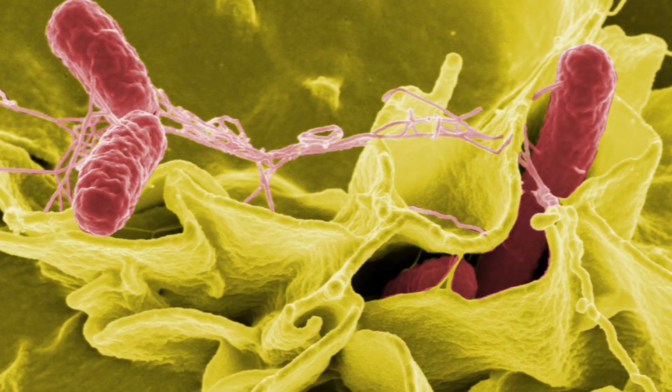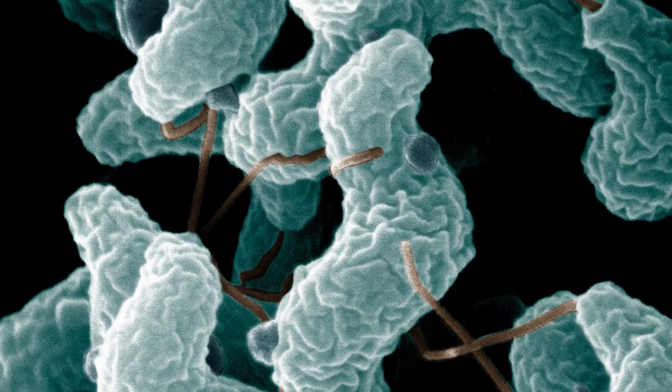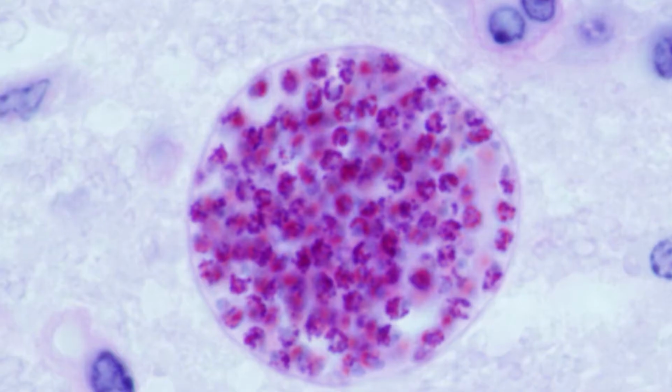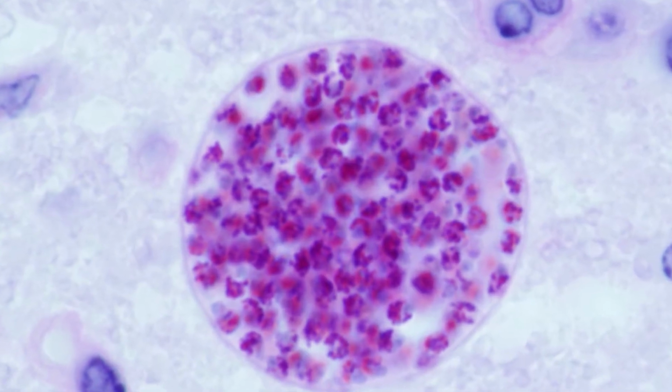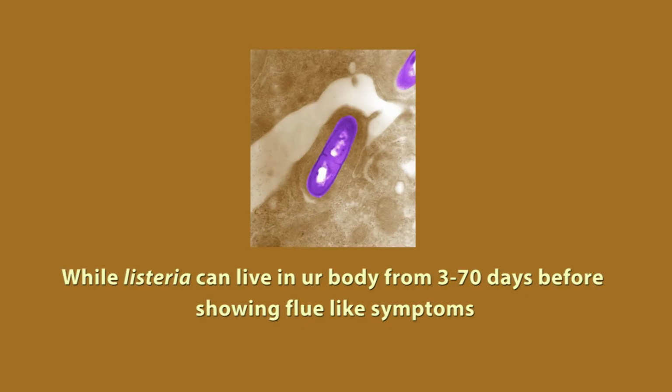E. coli and Campylobacter incubate for several days before striking, and both result in severe diarrhea. Toxoplasma can incubate for weeks and produce no symptoms at all, while Listeria can live in our body for 3 to 70 days before showing flu-like symptoms.